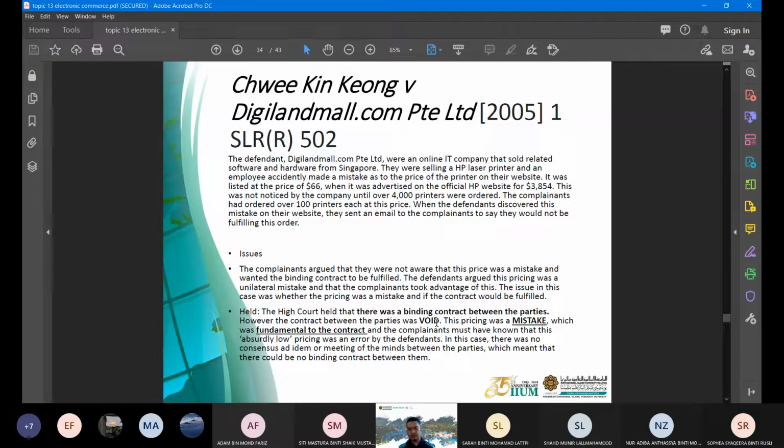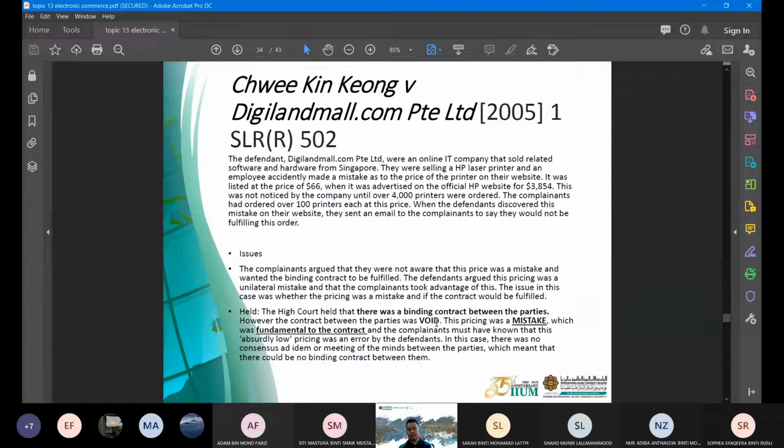So when the buyers found out about this offer, they bought a lot, about 4,000 printers they ordered. And then later the defendant discovered that there was a mistake on their own website. So they sent an email to the plaintiff saying that they will not be fulfilling this order because there was a mistake made as far as the pricing is concerned. So the matter was referred to court.